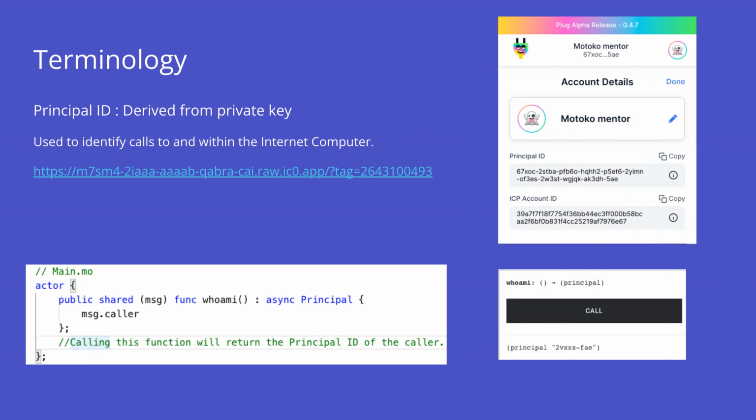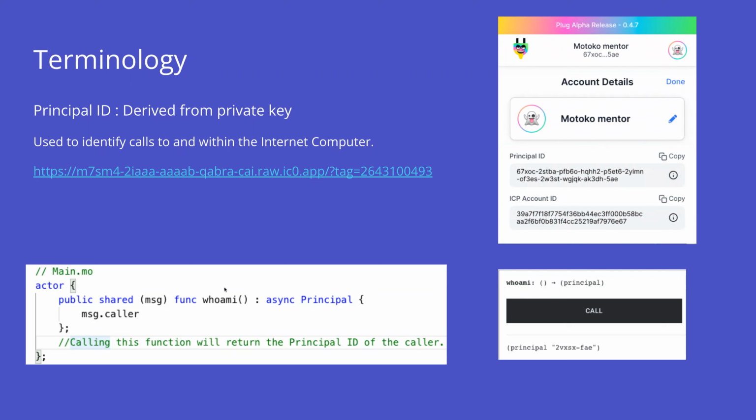The principal ID is sort of like a public key. It's directly mapped to a private key. One private key equals one principal ID. And your principal is used to identify calls to and within the internet computer. It's not just used for the ledger, but it's used for any call that you make.